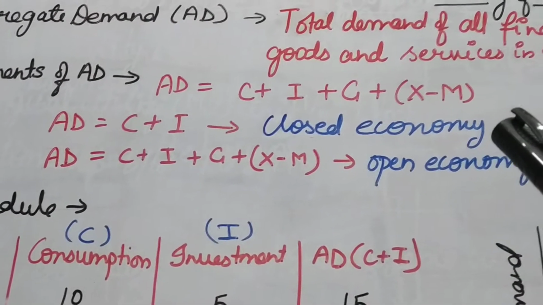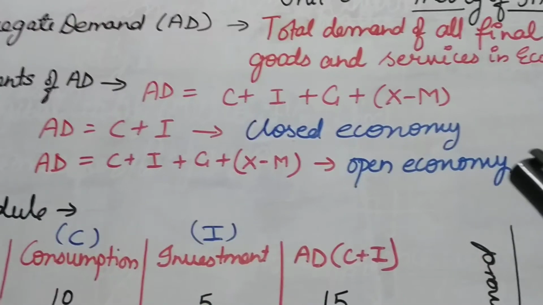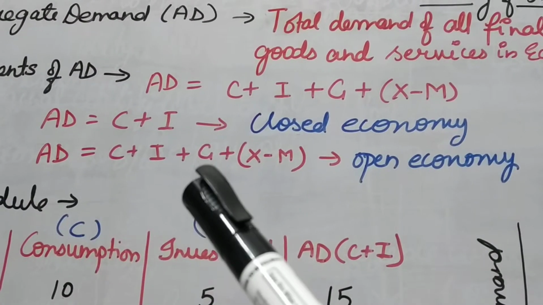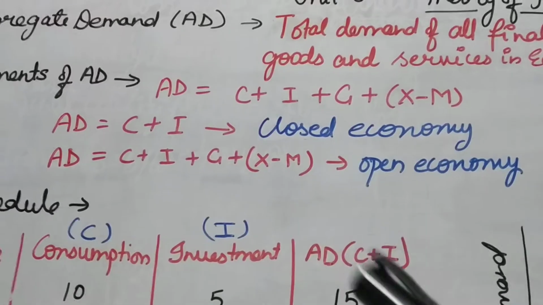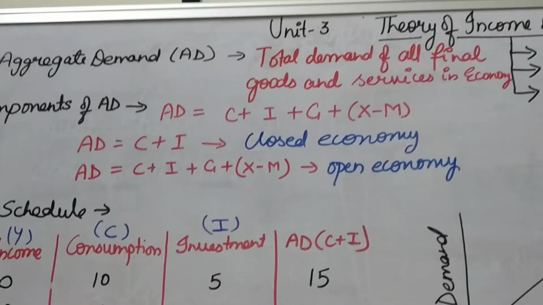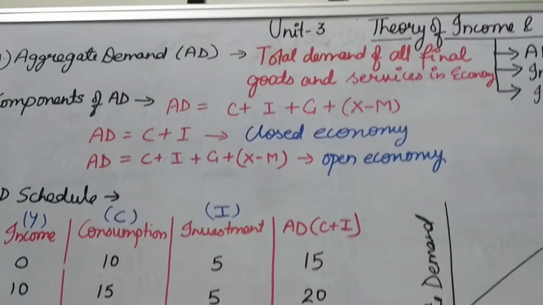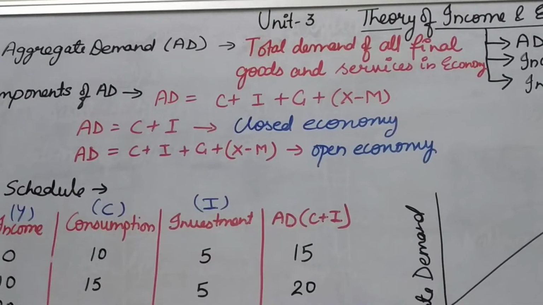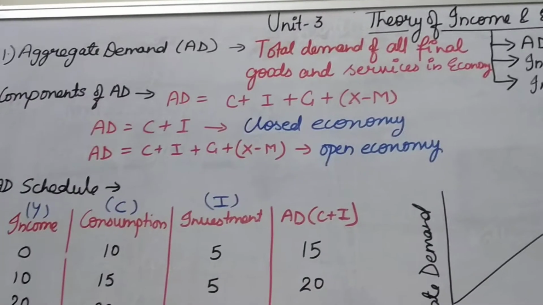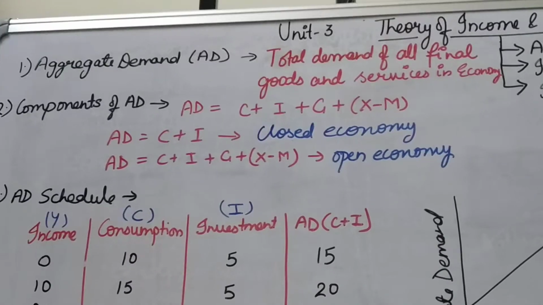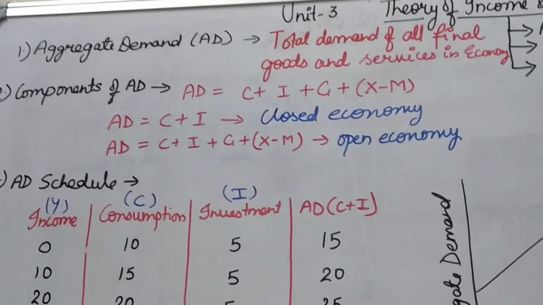But if you discuss the open economy, the government sector will also be included, and the rest of the world, that means export minus import, will also be included. But here we are going to discuss only the closed economy where there is no government sector and no rest of the world, that means no export and import. So first of all, let's start discussing the aggregate demand concept.